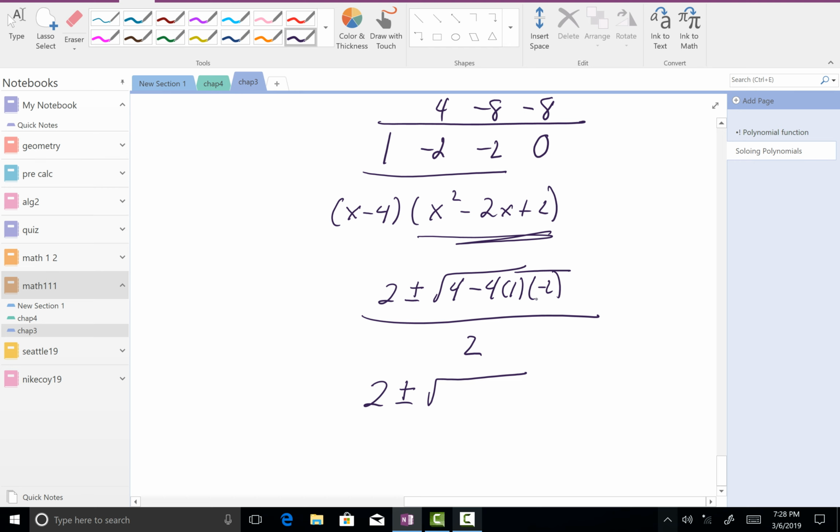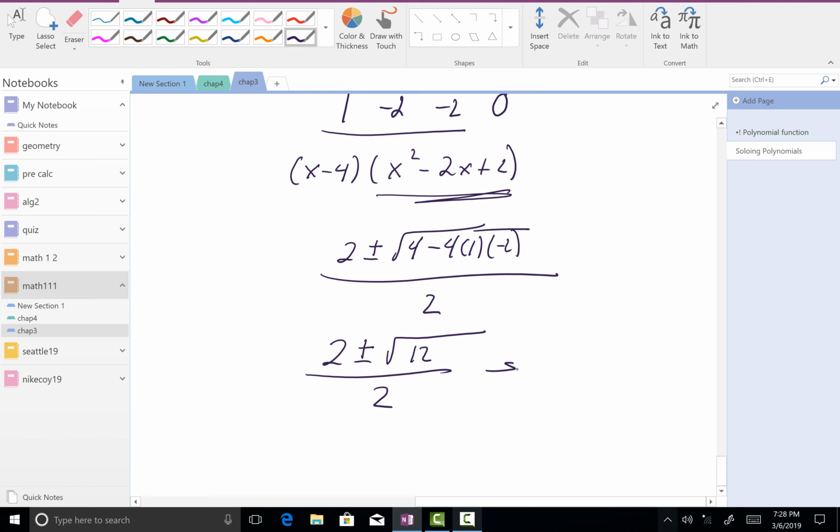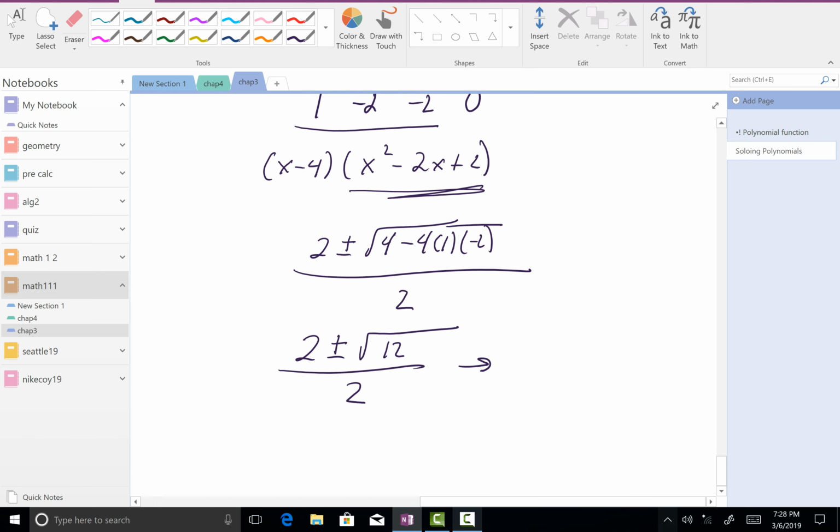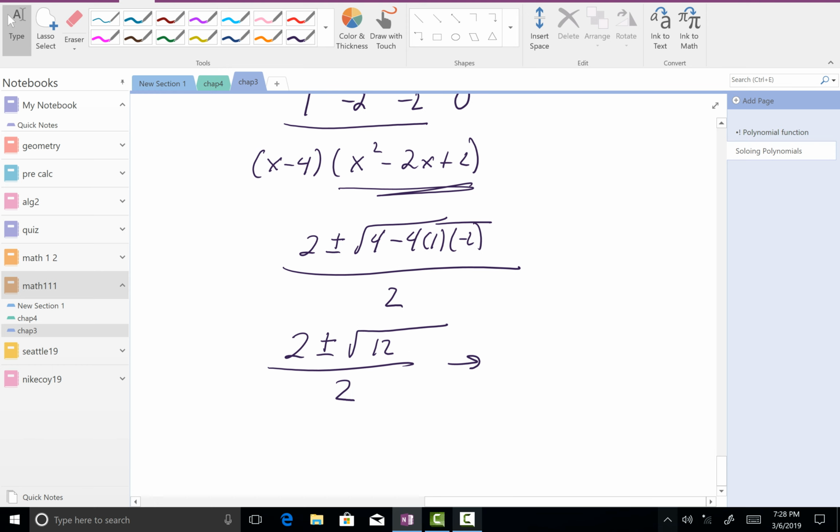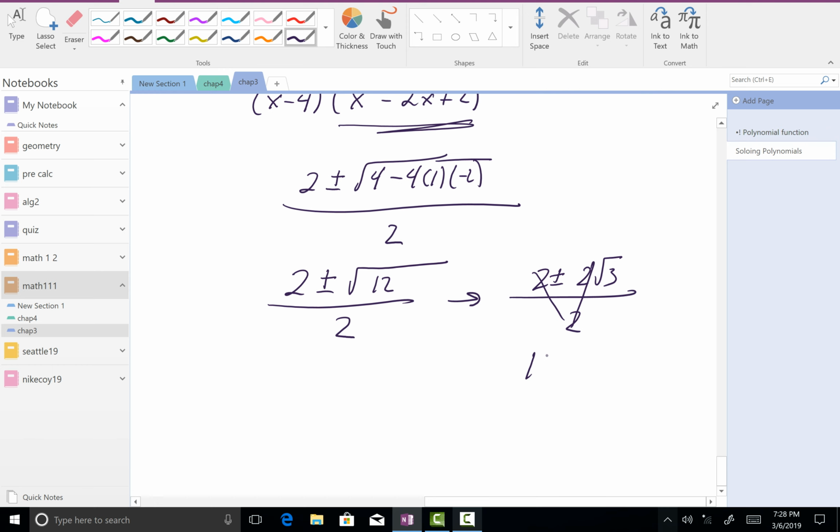Let's see, 8, 12. So I'm going to reduce that 12 down, like I did before.